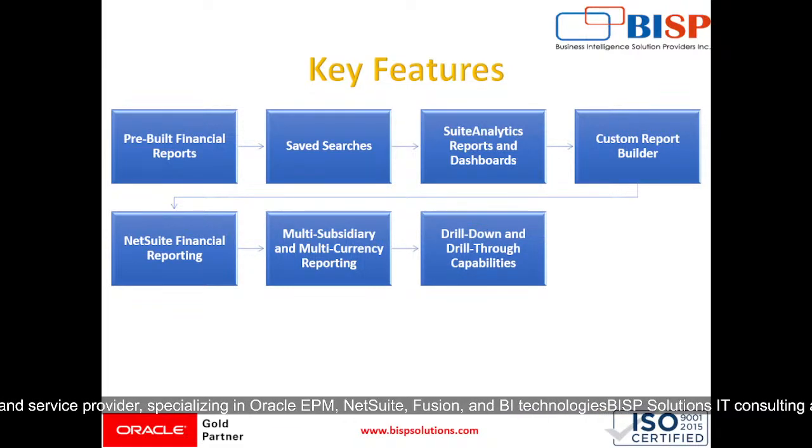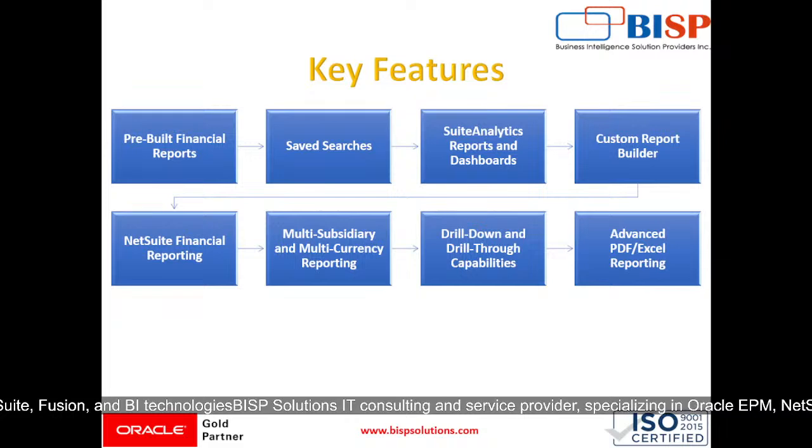Then comes our drill down and drill through capabilities, where users can click on summarized data to view detailed transactions, and it helps in audit trails and financial reconciliation. Next is our advanced PDF or Excel reporting, where users can export reports in PDF, Excel, or CSV formats.